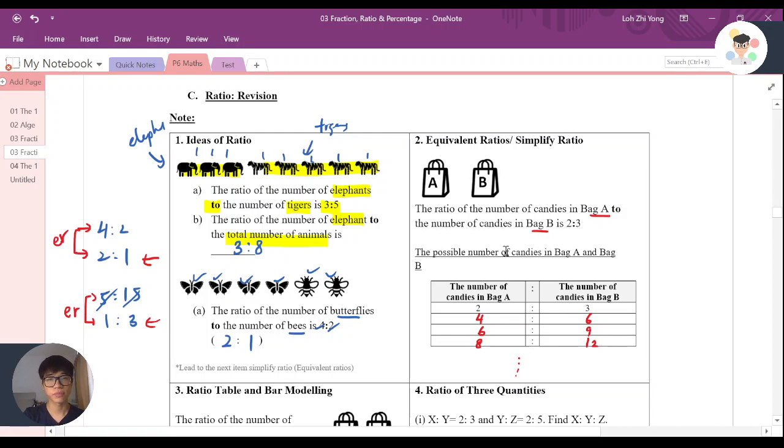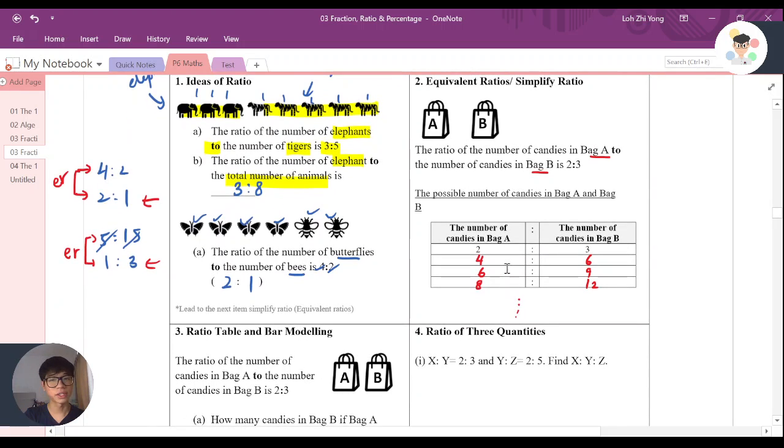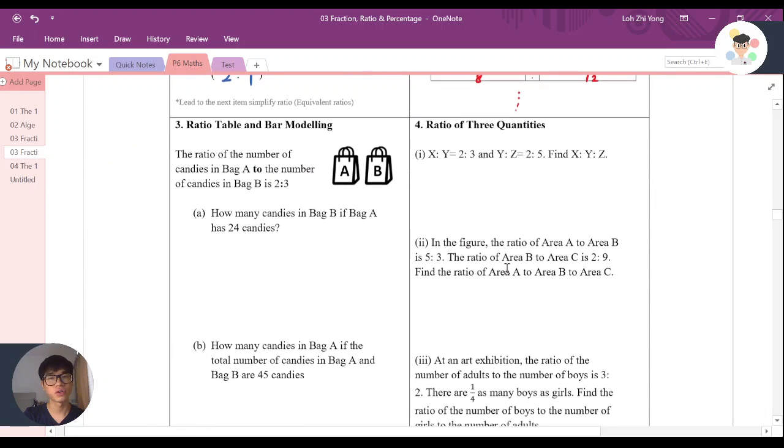Okay, so after you understand all these two things, you need to understand the ratio table. So the same example here, the ratio of the number of candies in bag A to bag B is 2:3. How many candies in bag B if bag A has 24 candies?